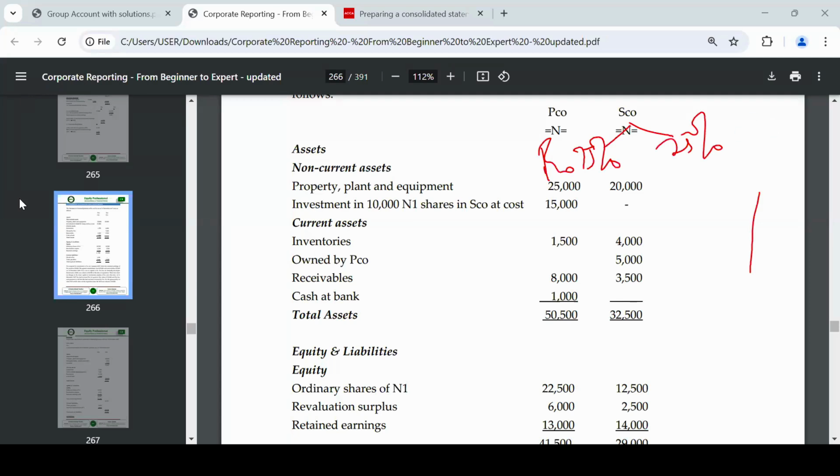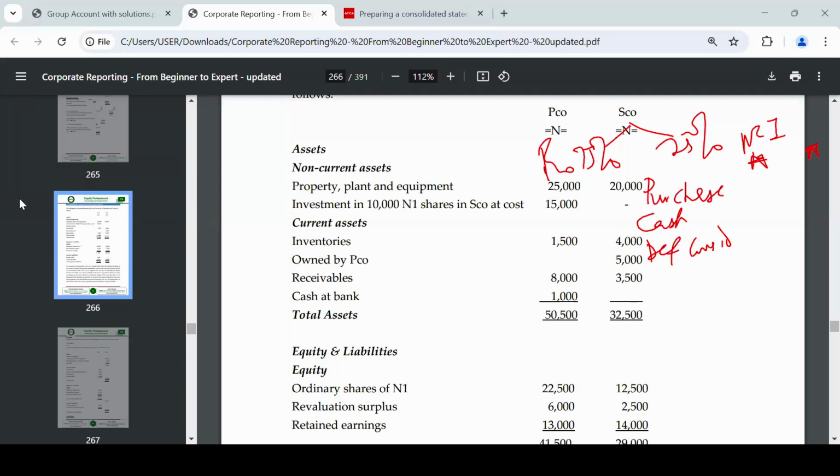Okay. After we've done this, we want to determine what is the goodwill. Look at how we're going to do goodwill. Our purchase consideration will be split into two: an amount for cash payments, and an amount as our deferred consideration, a deferred liability.